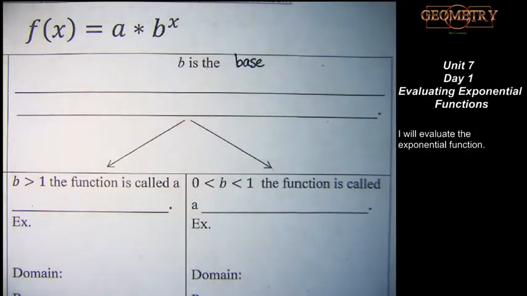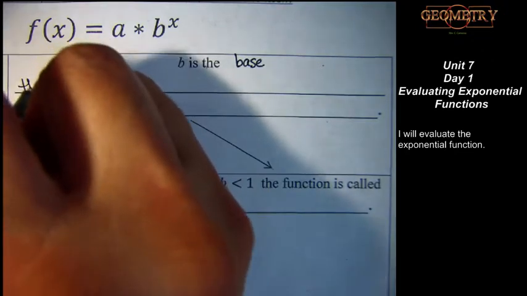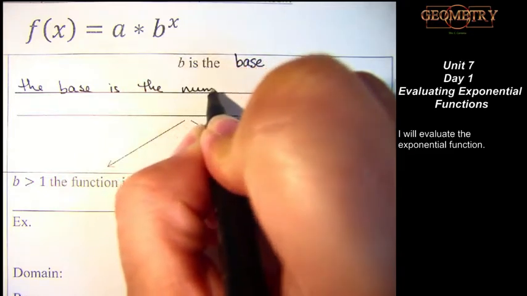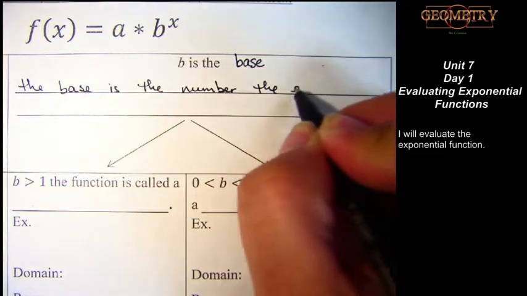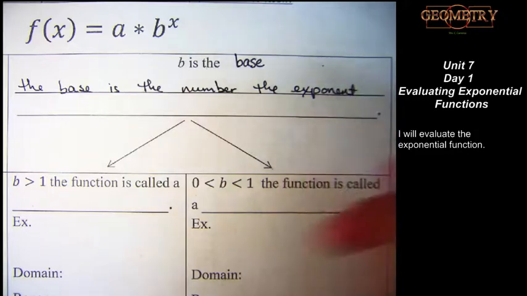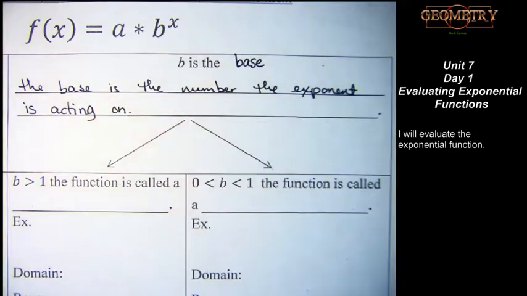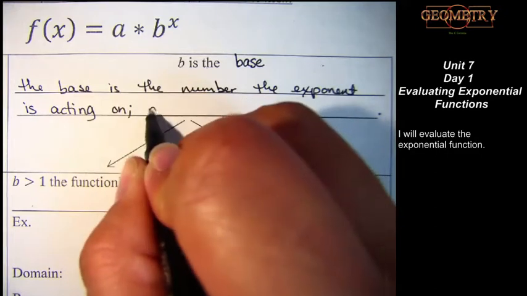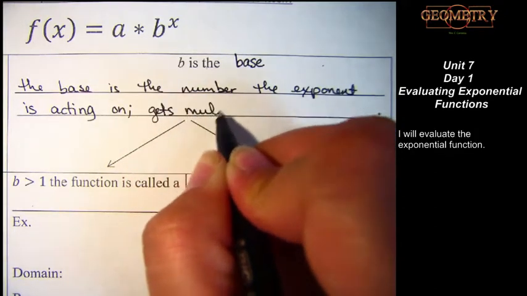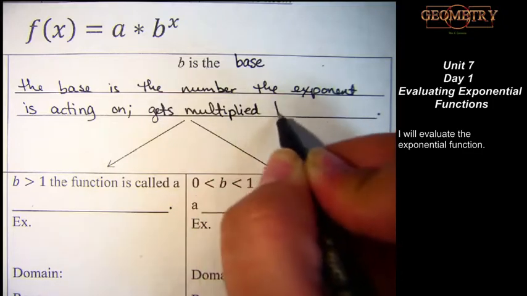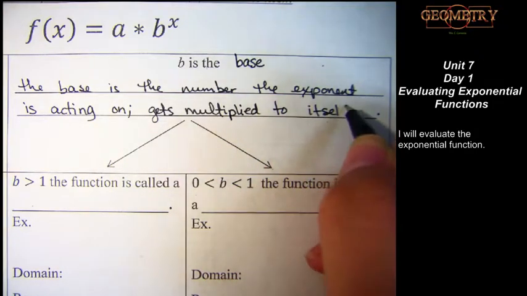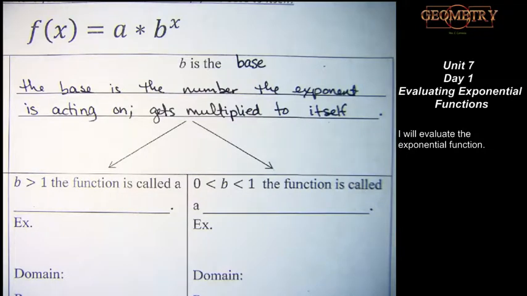It's the number that the exponent is acting on, which means it's the number that's getting multiplied over and over again by itself, however many times we're told to once we know what the value of x is.